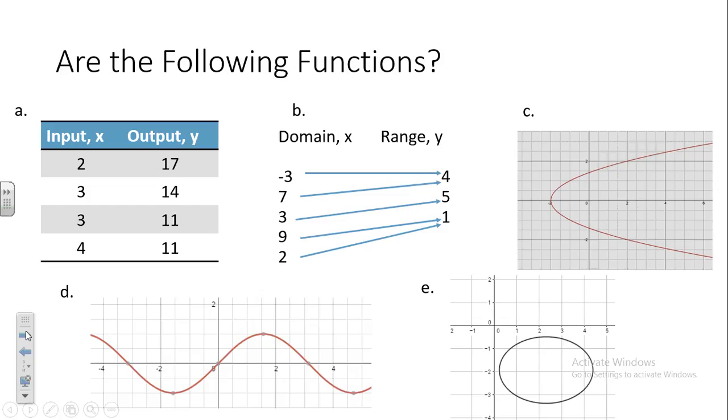All right, we can also ask you then, if we give you a graph, a graphical view of a relation, we can ask you whether that's a function or not. So what do you think for part C? I'm seeing some nodding, I'm seeing some shaking heads. So disagree, agree, we don't have a consensus here.